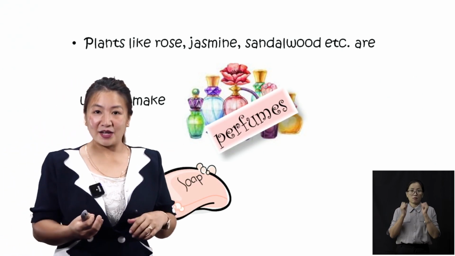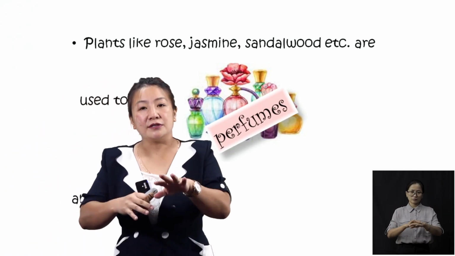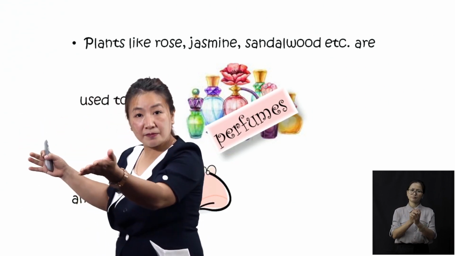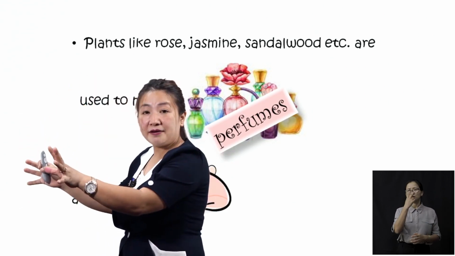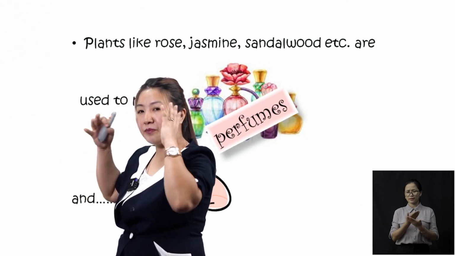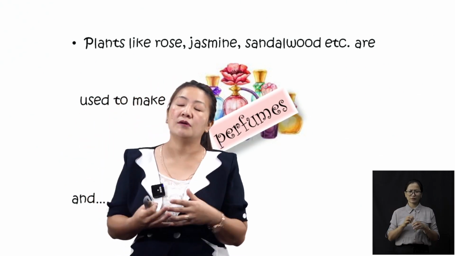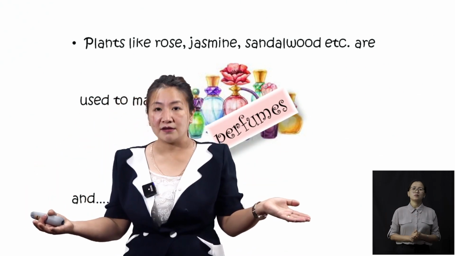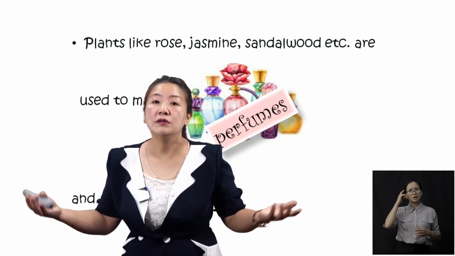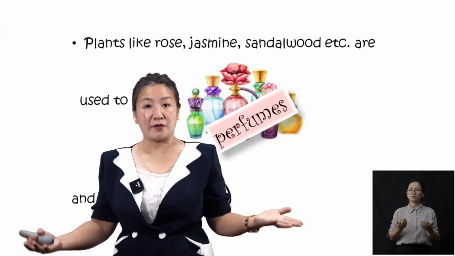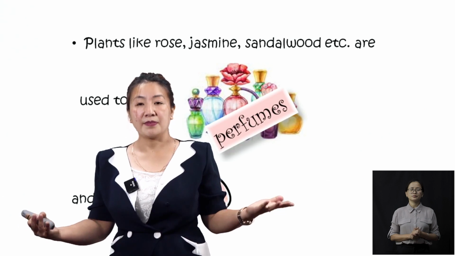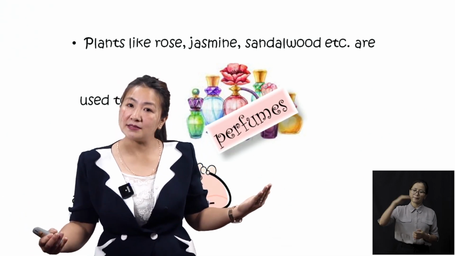Amazing, right? Even the creams, the lotions, even when you go to the cosmetic shop, so many products are there, right? Face wash, shampoo, conditioner, perfume, soap, and whatnot. Just imagine all this. Where is all this coming from, children? They are coming from plants.